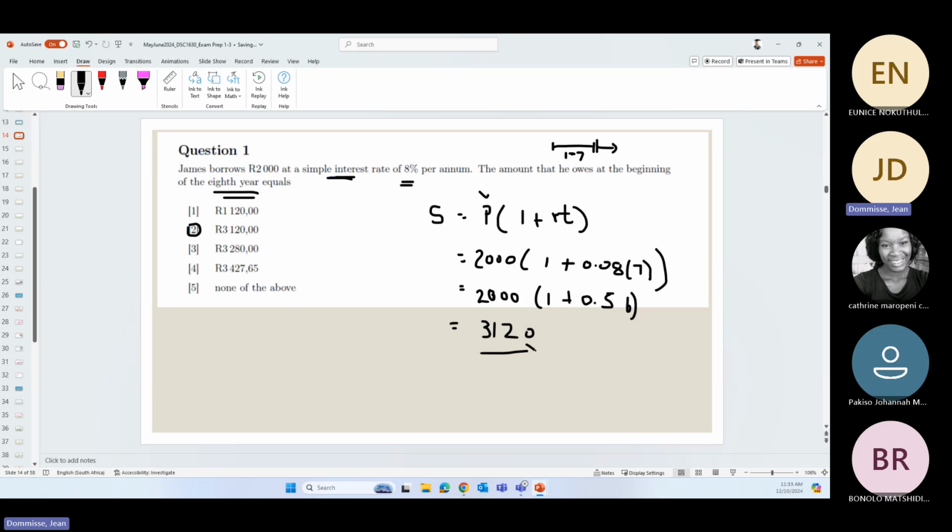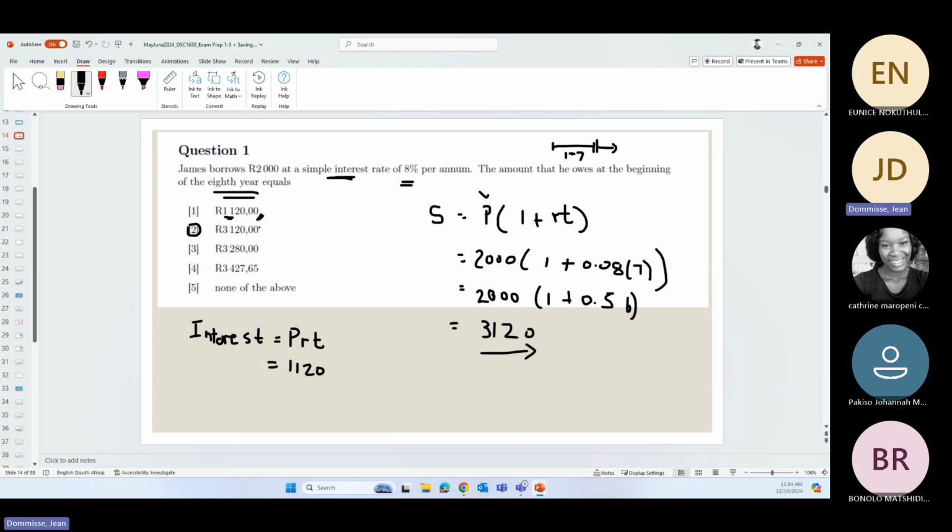Just again, be careful. If you worked out only the simple interest, that would have been P times R times T, and you would get 1120, so then you would have selected option 1.